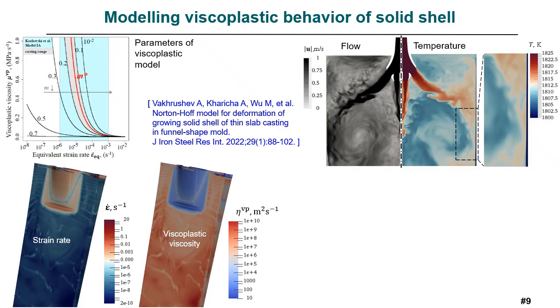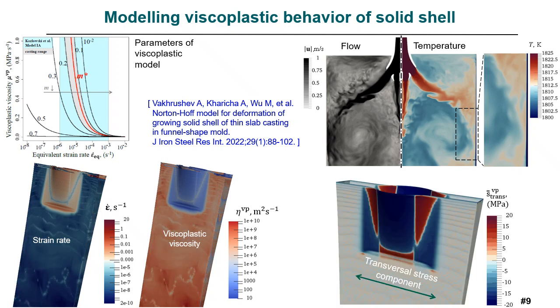Thereby, a rheological model for the solidified strand must be applied, such as a viscoplastic model, where the mechanical properties of the solidified shell are described by nonlinear functions of the local strain rate. Thus, based on the dynamic calculations, we can estimate local stress distribution and apply critical thresholds for formation of different defects.